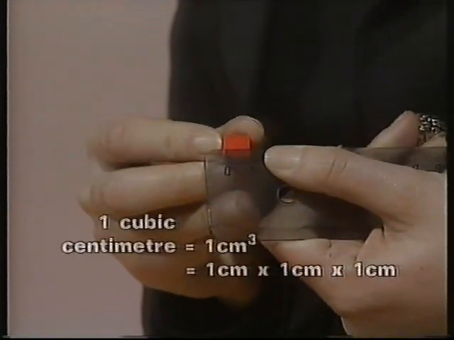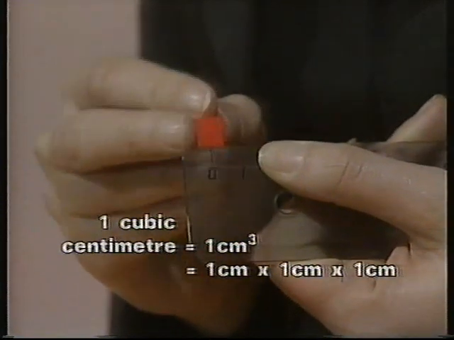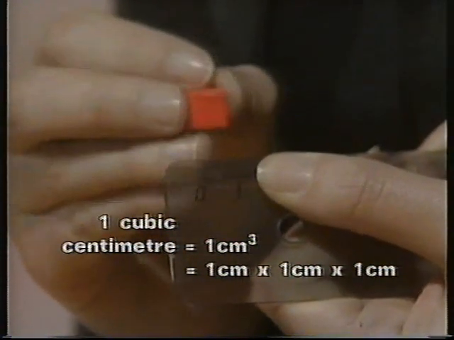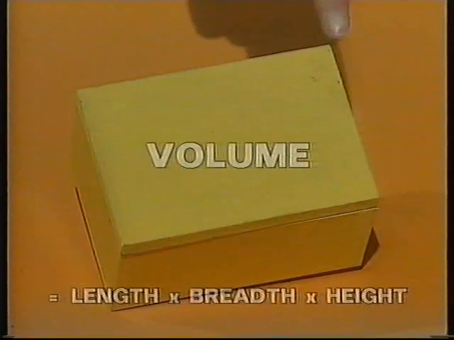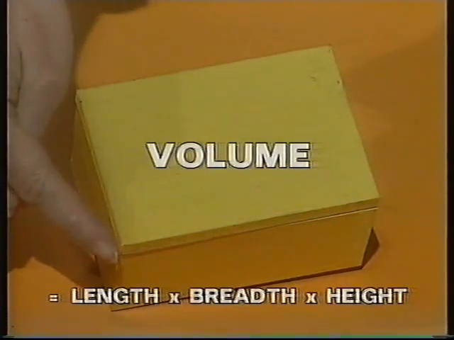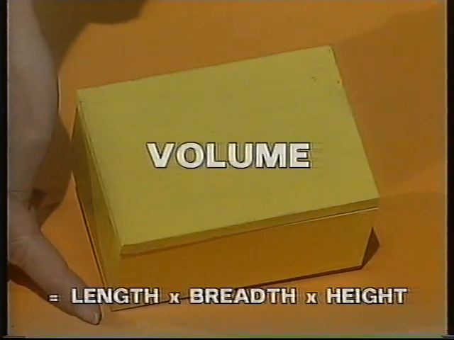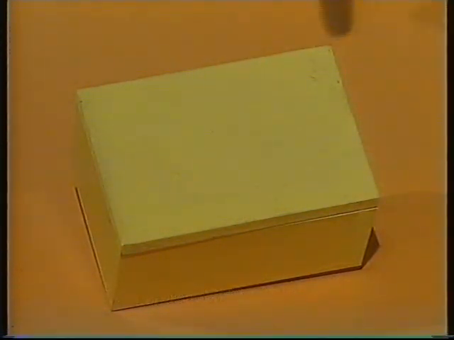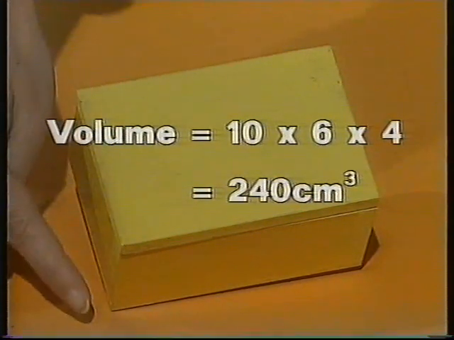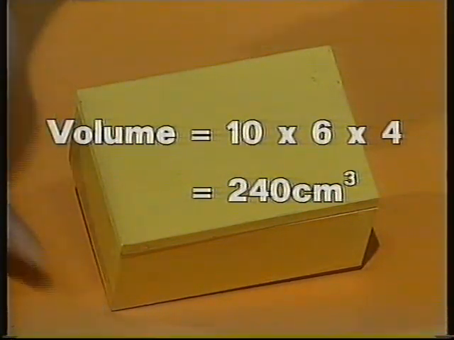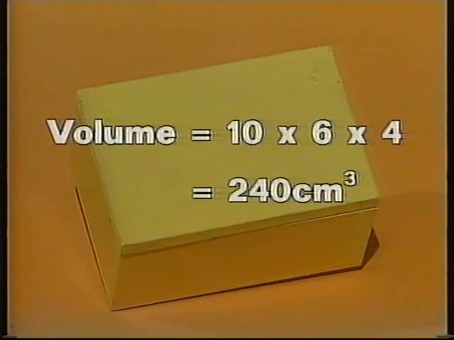It's 1 centimetre by 1 centimetre by 1 centimetre. The formula for the volume of a cuboid is length multiplied by breadth multiplied by height. So the volume of this solid would be 10 multiplied by 6 multiplied by 4, which equals 240 cubic centimetres.